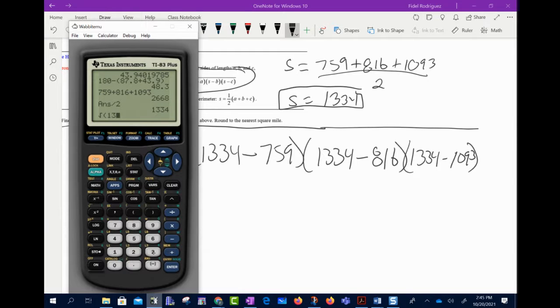So I'm going to go 1334 times, I'm going to put parentheses, 1334 minus 759, parentheses again, 1334 minus 816, and 1334 minus 1093.